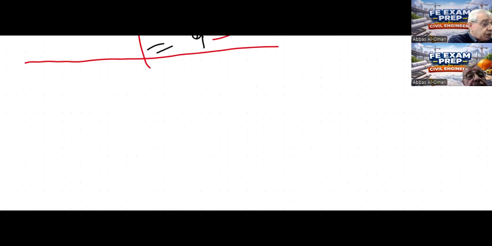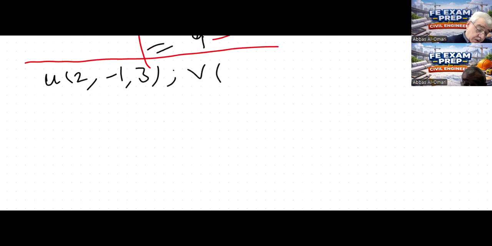For u, we have the components 2, -1, and 3. And we have the other vector v, with the three components 4, 0, and -2. So these are two vectors, and we want to determine the dot product, u dot v.